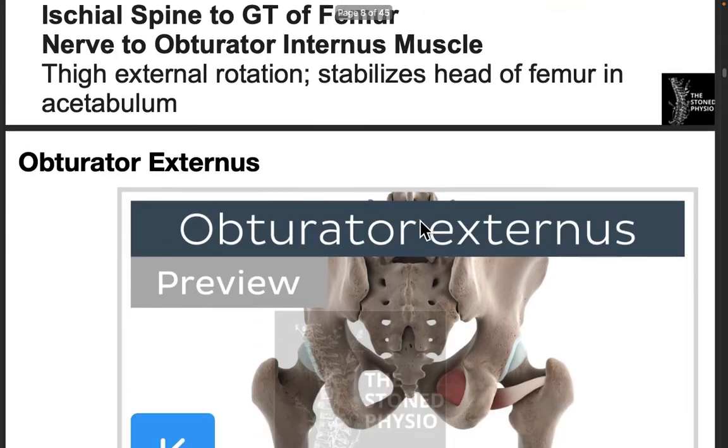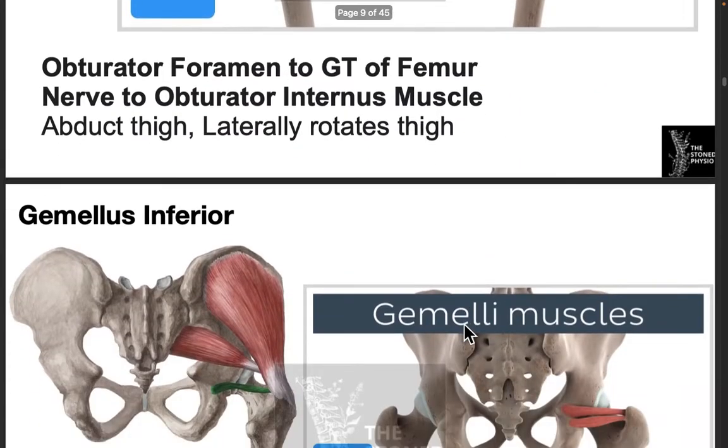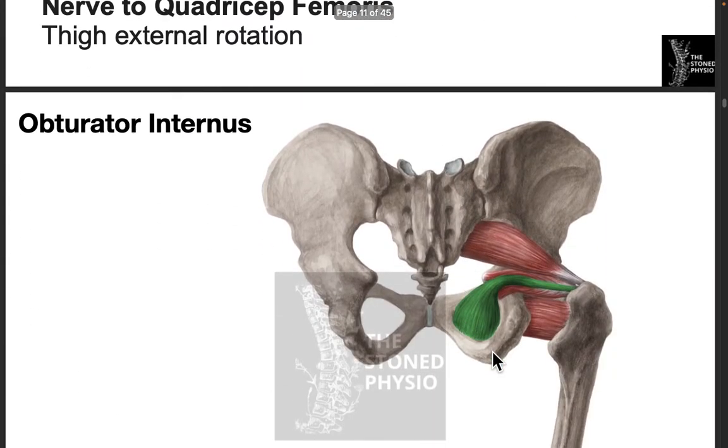Here we can see obturator internus. Why was this name given? Because that muscle is present internally, inside the pelvis. So the posterior part, or the ventral aspect, of the obturator foramen is present inside the pelvis. That's why the obturator internus, which has its attachment on the ventral aspect of the obturator foramen, is called obturator internus, and this particular muscle is present inside the pelvis.